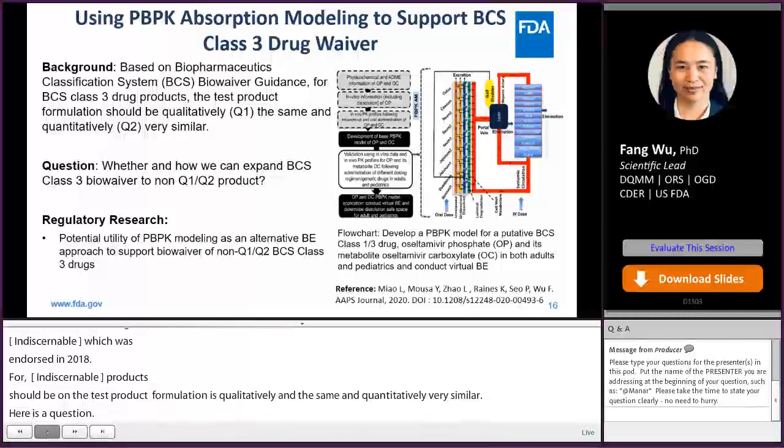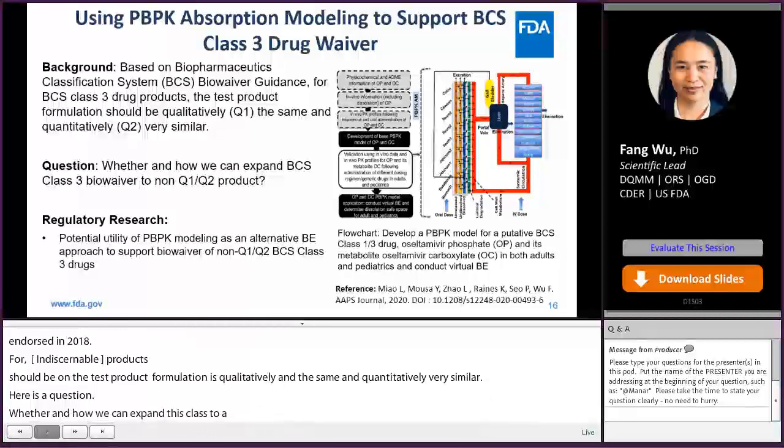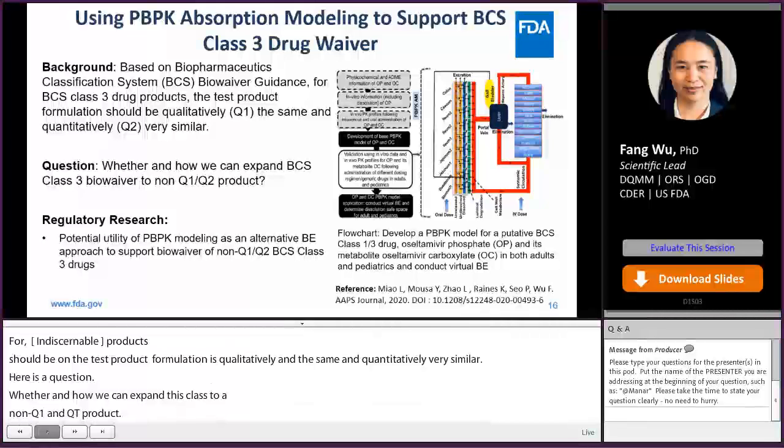We have internally developed a PBPK model for a putative BCS Class 1, 3 drug, oseltamivir phosphate, OP, and its metabolite, oseltamivir carboxylate, OC, in both adults and pediatrics, then conducted virtual BE simulations to establish a BE dissolution safe space for OP in both adults and pediatrics.